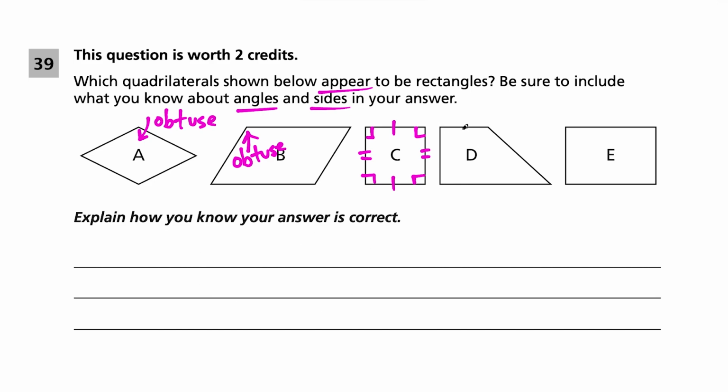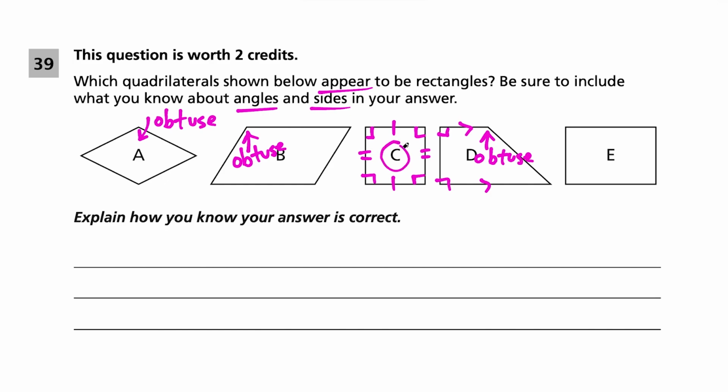Now for choice D, this is a trapezoid. A trapezoid has 1 pair of parallel sides. So see that these 2 sides here are parallel, but the other sides over here are not parallel. We do have a right angle here and here, but this angle over here is obtuse. And once again, for a quadrilateral to be a rectangle, it needs to have 4 right angles. So D is out.